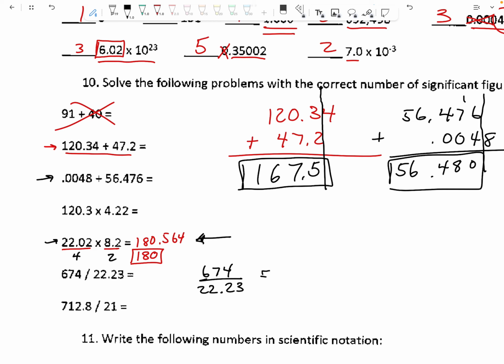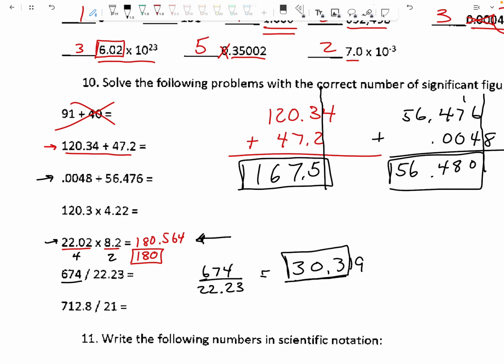My answer turns out to be 30.319 and some other numbers. But I only need 3 sig figs in my answer. And so I'm going to look at these 3 sig figs right here. My number comes out to be 30.3. The other one is 712.8 divided by 21.